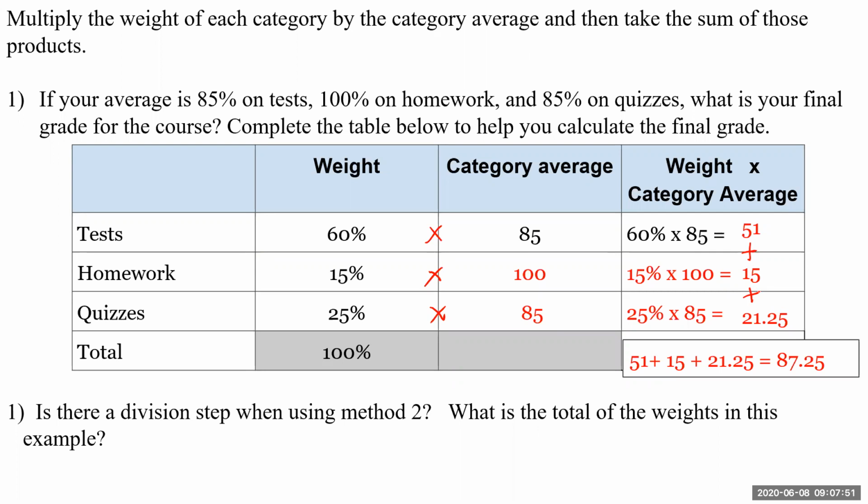All right, now is there a division step when using method 2? Let me give you the options. Now, don't forget that these are percentages. The other option you could have done is that you could have decided not to change these percentages to decimals. That way you would just add your zeros, and then this was going to be 21.25.